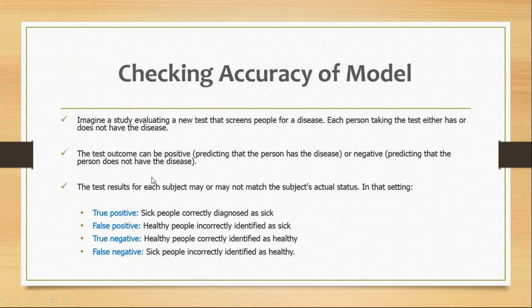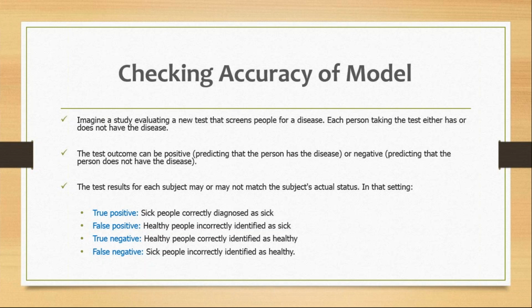The entire case study here is: imagine a study evaluating a new test that screens people for a disease. Each person taking the test either has or does not have the disease. The test outcome can be positive, predicting that the person has the disease, or negative, predicting that the person doesn't.